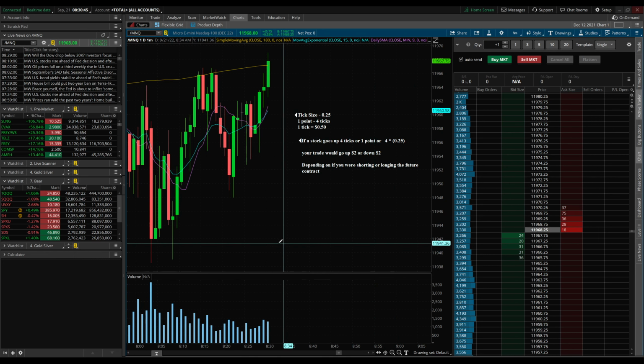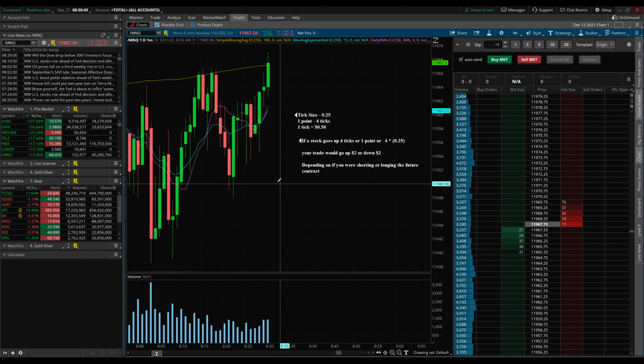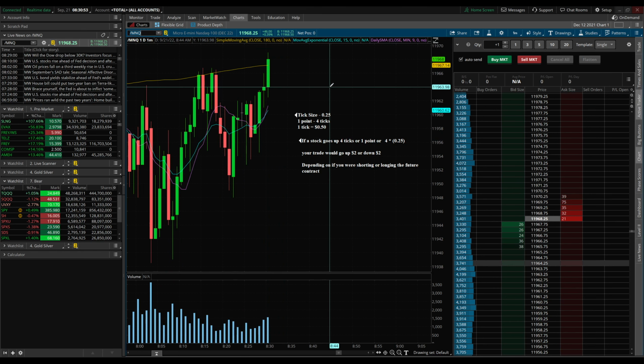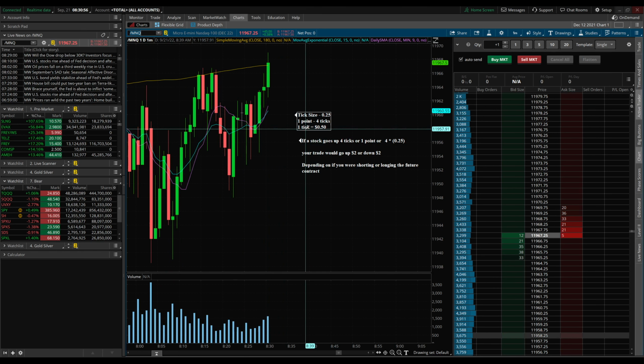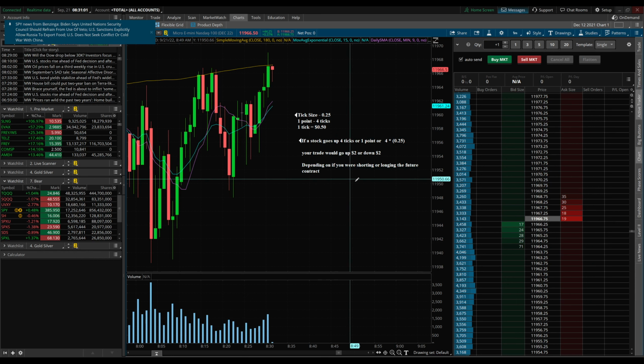To summarize what I said, the tick is 0.25. So 4 ticks would be 1 point. One tick is worth 50 cents.